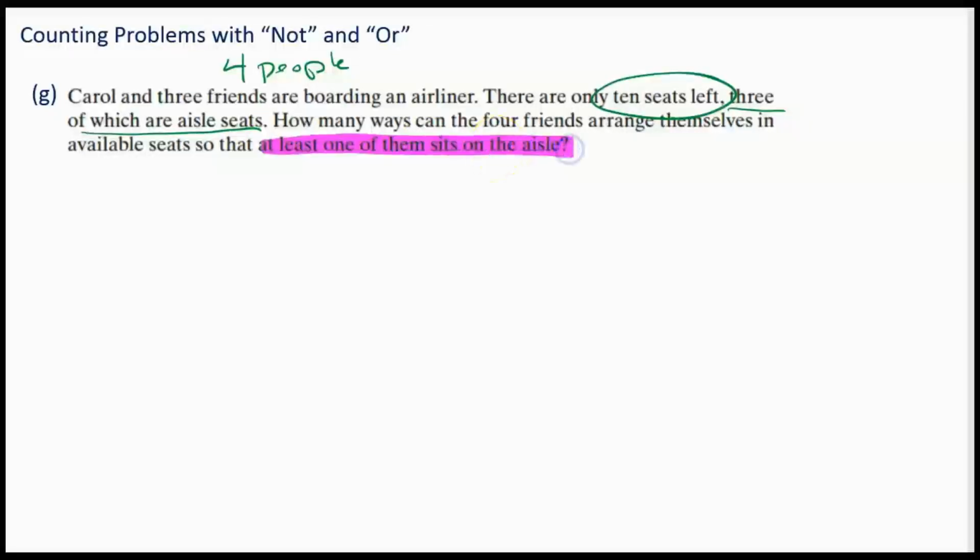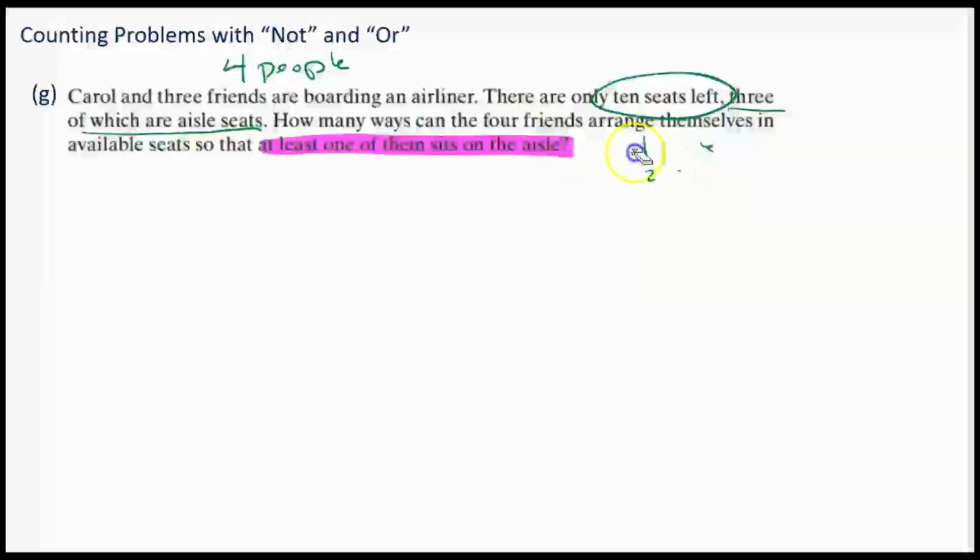At least one of them sits on the aisle means, if we write that down, that means one of them sits on the aisle. Let me write this differently. So 1's on the aisle, or 2 is on the aisle, or 3 is on the aisle, or, nope, all 4 of them can't be on the aisle, right? Because there's only 3 available that are on the aisle. So we could calculate all that. Or, you know what we could do?